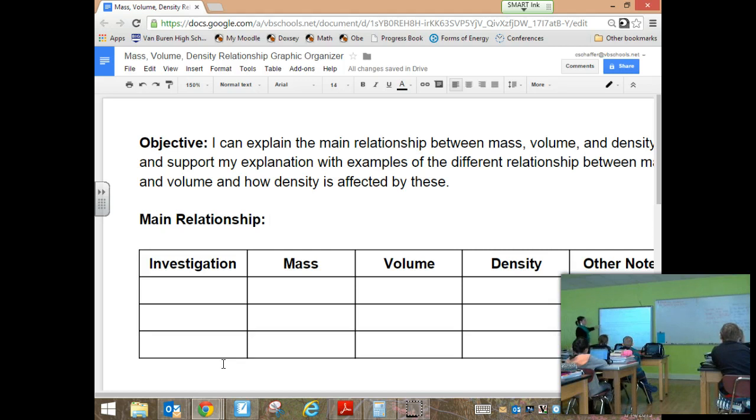So we're explaining the main relationship between mass, volume, and density. That's our first part. Then down here, this is going to help you support your explanation with examples of different relationships between mass and volume, and how changing your mass and volume can actually affect your density of a substance. And then I also have some other important notes that we're going to add for each investigation that we look at.